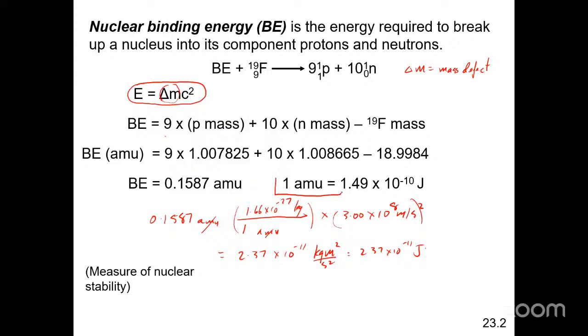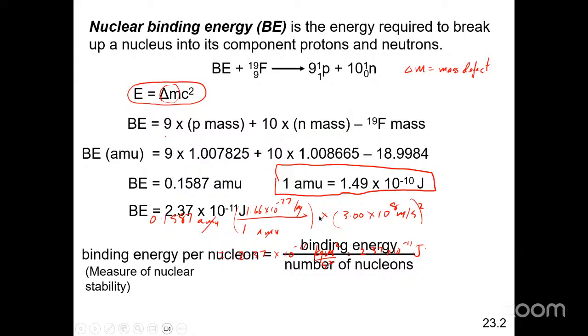I'm not sure if this relationship is in the packet that I have posted in Canvas, but you may want to memorize this. 1 AMU is equal to 1.49 times 10 to the minus 10 joules. And you can use that as a conversion factor to convert from AMU to joules. You should get the same result as we have here, all right? In fact, let me see here. So yes, the answer is 2.37 times 10 to the minus 11, all right?